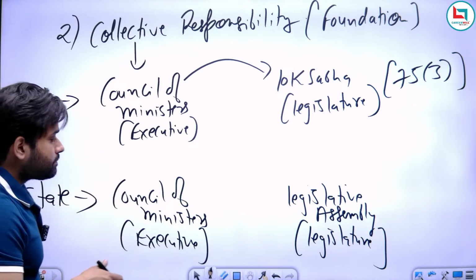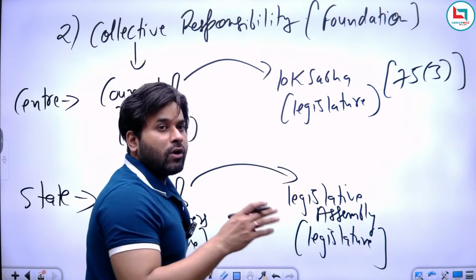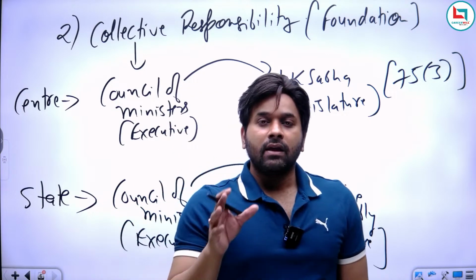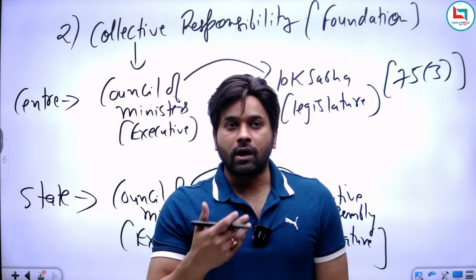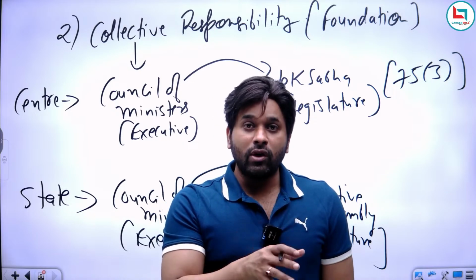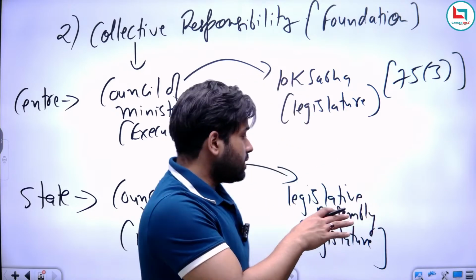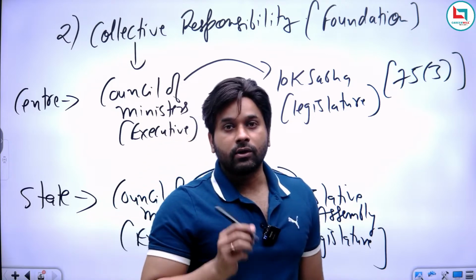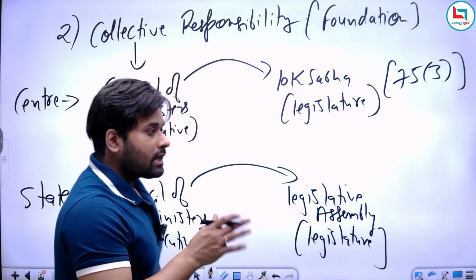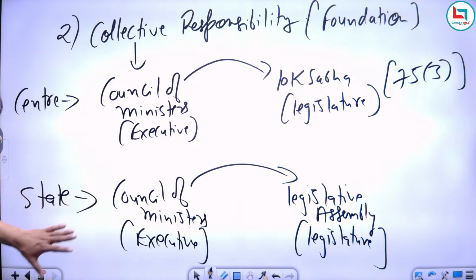So now remember, if you have to form government at the center, then you require majority in the Lok Sabha. If you want to form government in states, then you have to require majority in the legislative assembly. So remember this. Okay. So I hope this thing is clear that collective responsibility exists at both the level.